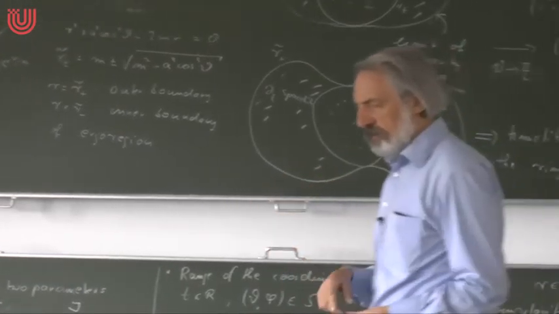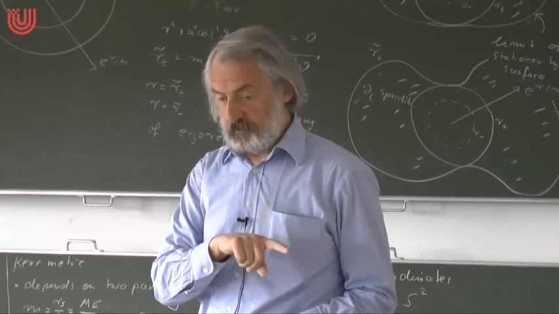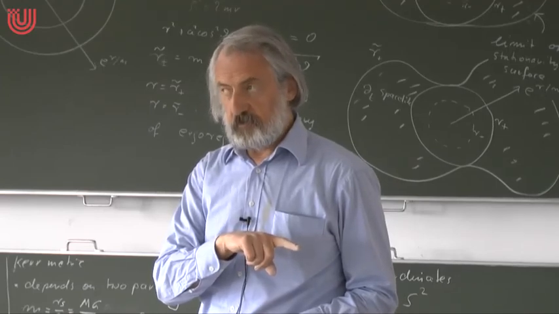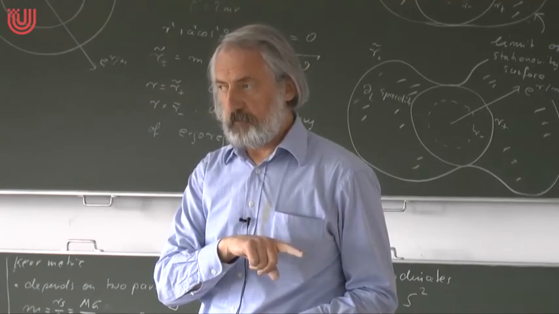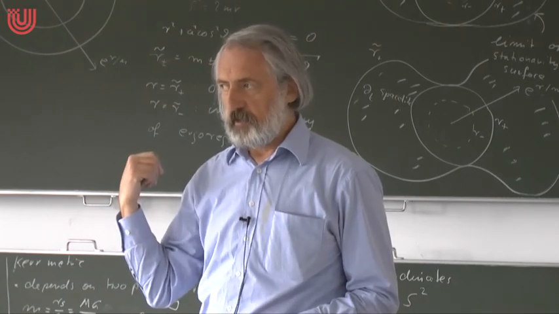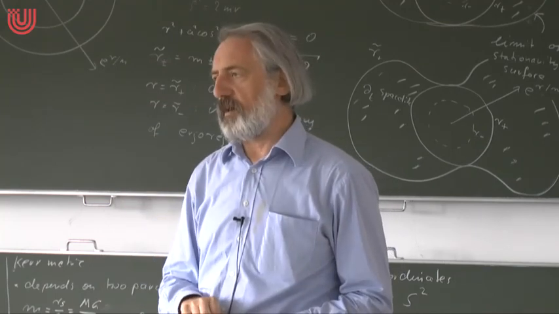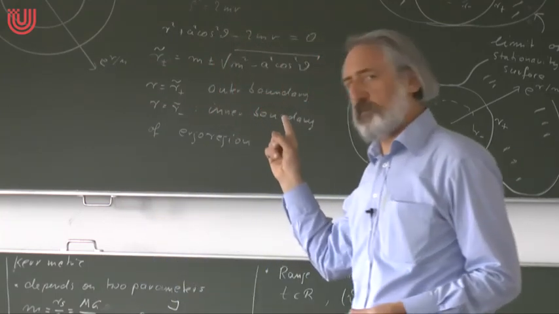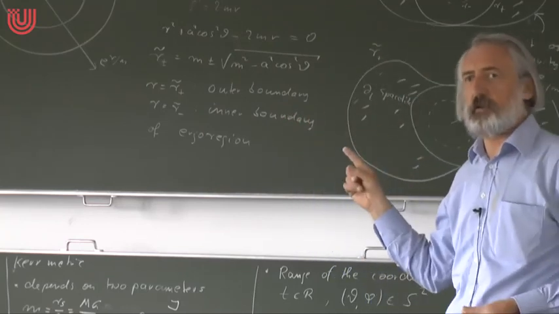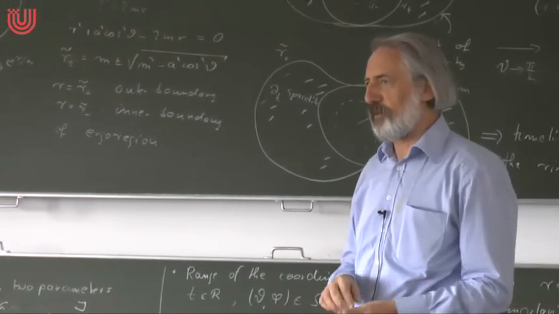Talking about this region R smaller than 0, I should have emphasized that if I am on this side of the singularity, then the singularity is naked for me, because both horizons are on the other side. So if it's possible to move into the region R smaller than 0, and if this mathematical model describes the situation correctly, then there are naked singularities for these hypothetical observers on the other side.